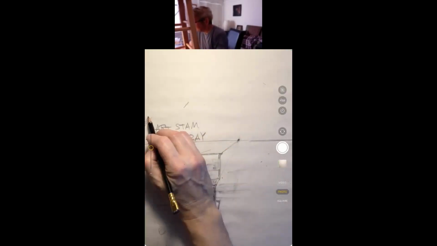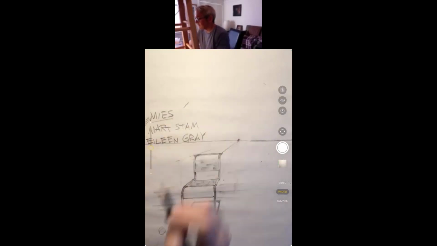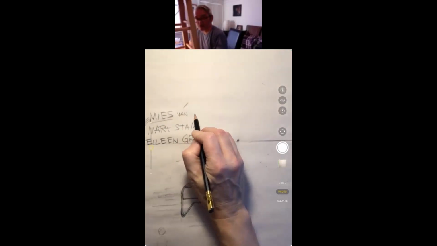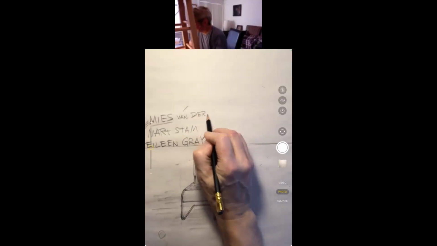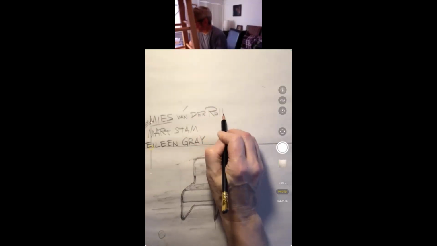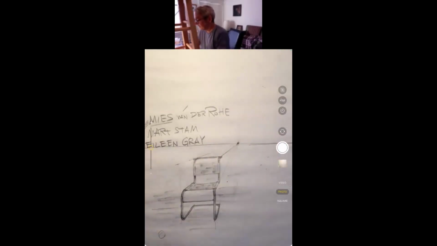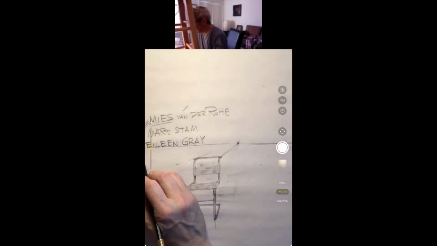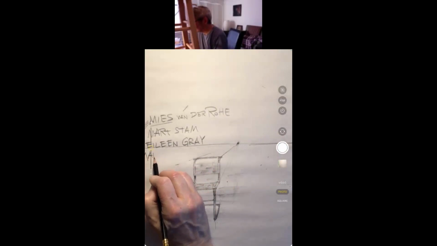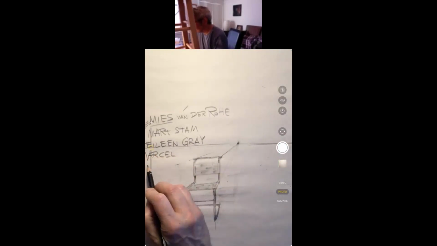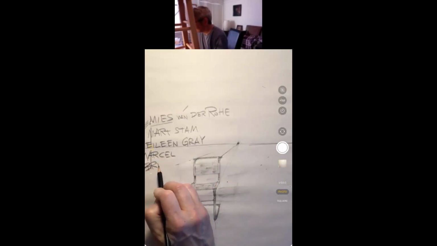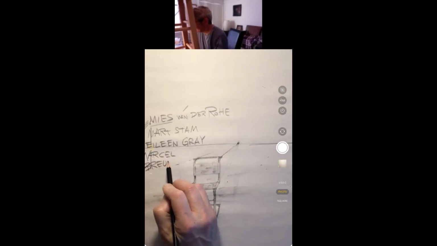Mies, the man often known, like Cher, just as Mies. His last name is van der Rohe. And my old buddy, Marcel Breuer, B-R-E-U-E-R.